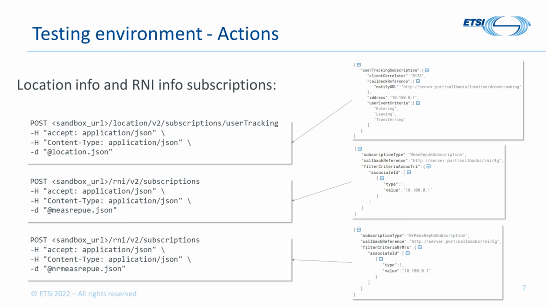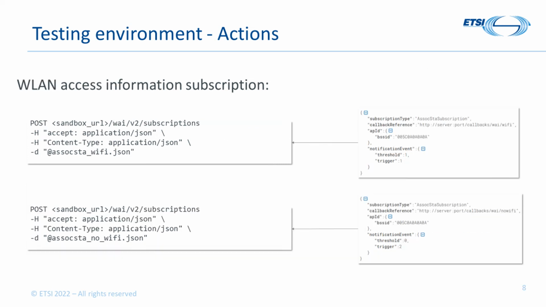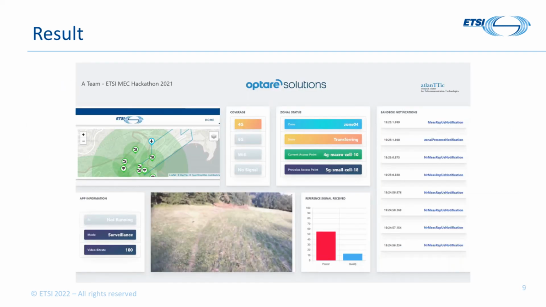The notifications were received in the provided callback URL. To determine if Wi-Fi coverage is available in the current position of the drone, we created a WLAN access information subscription to know the associated Wi-Fi stations in the region.